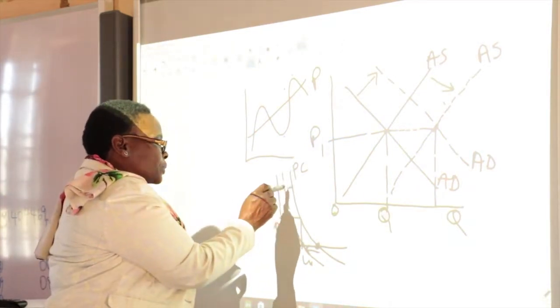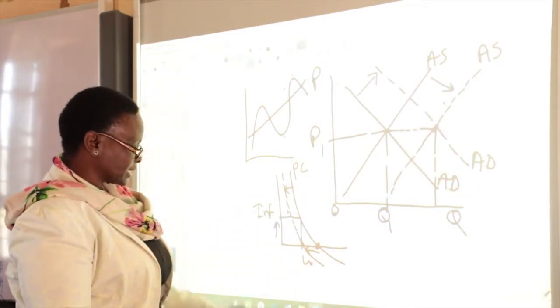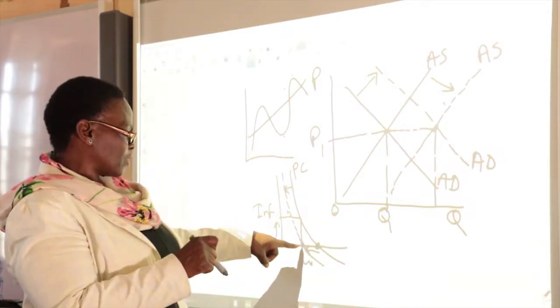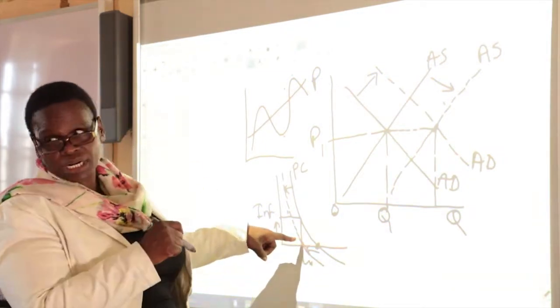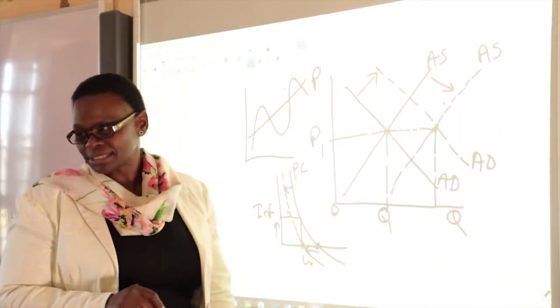So what actually assisted us to shift the PC curve to the left, such that the lower level of unemployment becomes our natural rate of unemployment, was the supply side policies.